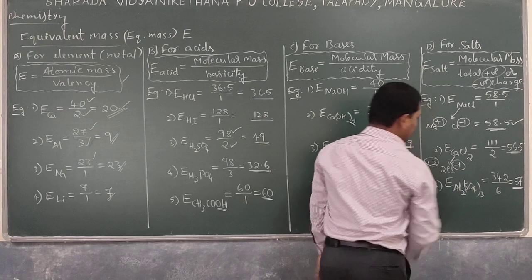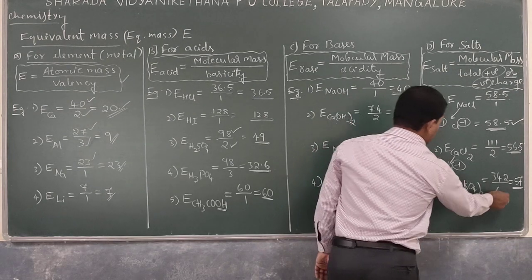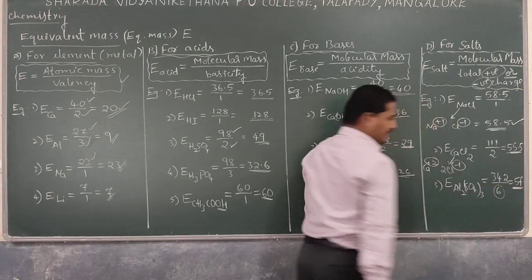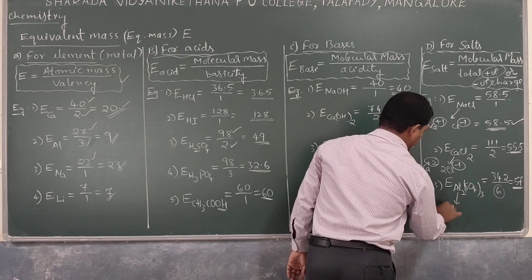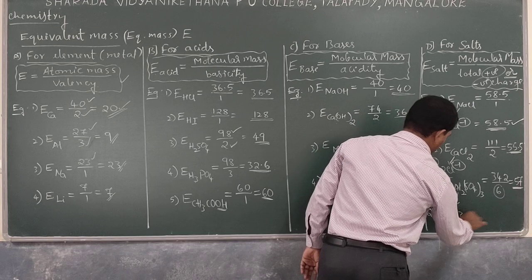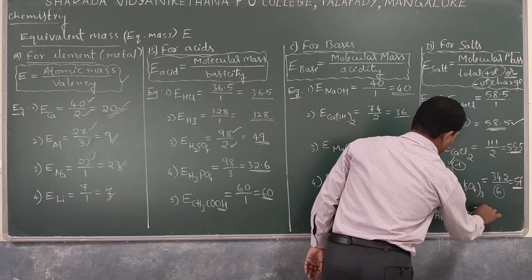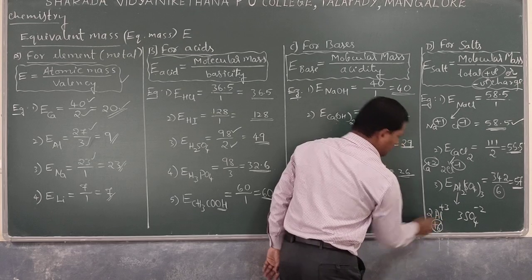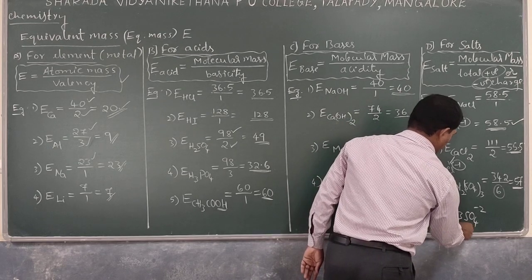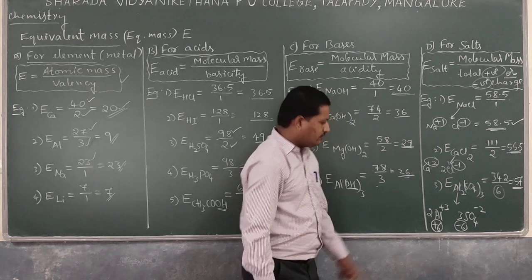Now in aluminum sulfate, we find the equivalent mass. Here the total positive charge is going to be 6. Why? Because there are 2 aluminum ions in the plus 3 state and 3 sulfate ions in the minus 2 state. Now count it: 2 into plus 3 is a total of plus 6 positive charge. 3 into minus 2 is a total of minus 6 negative charge.